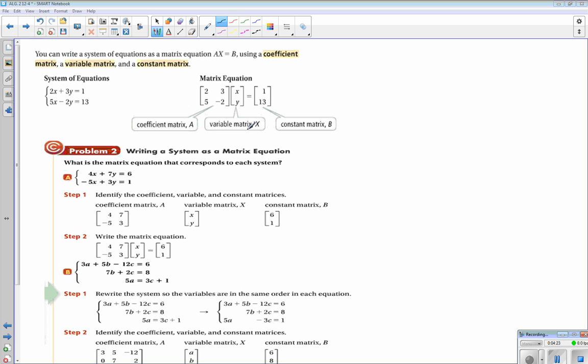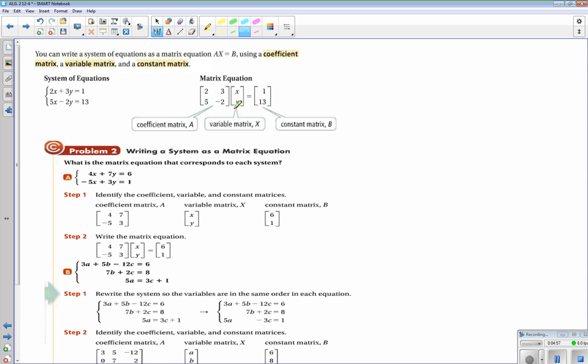Where this can be really useful is when we're solving a system. Check out this system of equations: 2x plus 3y equals 1, 5x minus 2y equals 13. So I put my x coefficients here, my y coefficients here, x and y are my second matrix, and my answer goes on the right-hand side.